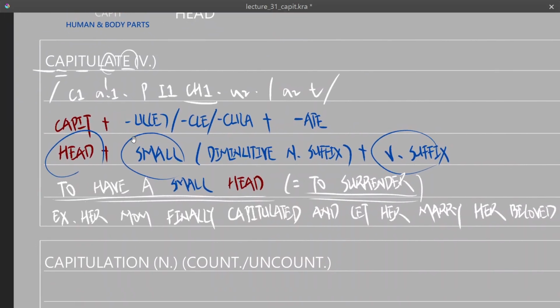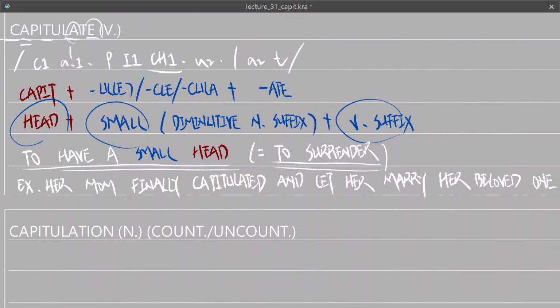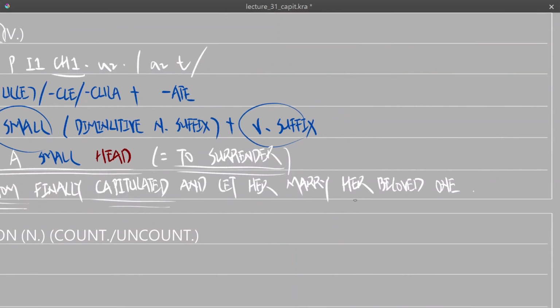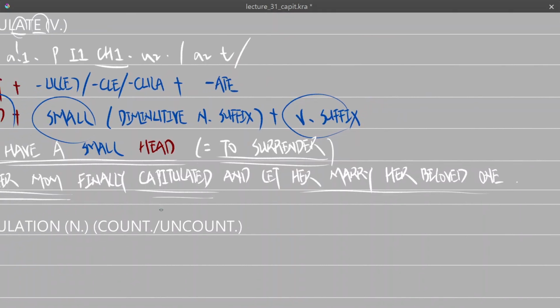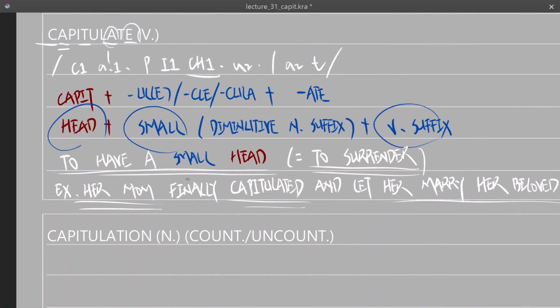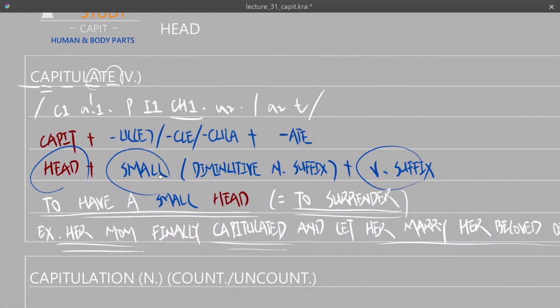It just means her mom surrendered, gave up, and let her marry her beloved. Don't insist, don't resist anymore. Alright, so let's take a break.